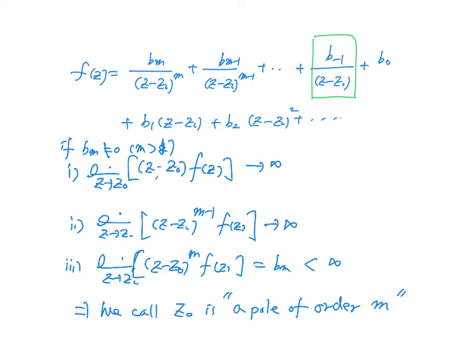But we are not interested in Bm. We are interested in only B minus 1, right? So how do we obtain B minus 1 from the knowledge of this?